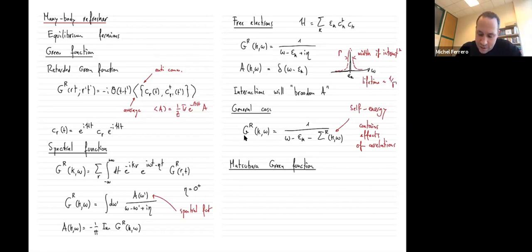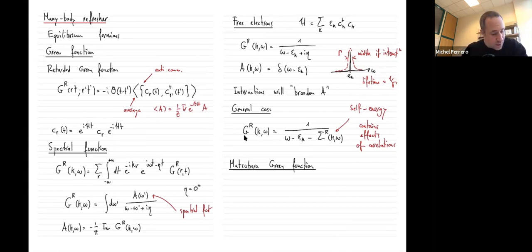So if you can identify in your spectral function something which is your electronic excitation as a peak, looking at the width of that peak gives you a bit of information about the lifetime of the excitation. So for a non-interacting system, the width goes to 0 and the lifetime goes to infinity. The broader the peak, the shorter the lifetime.